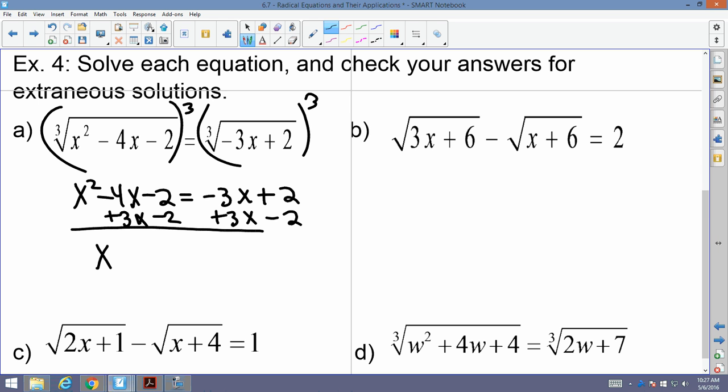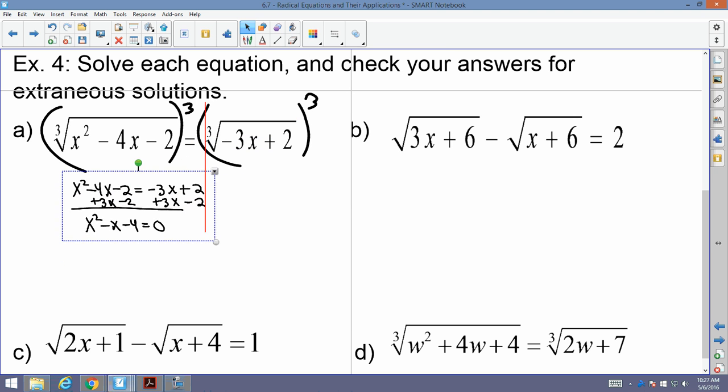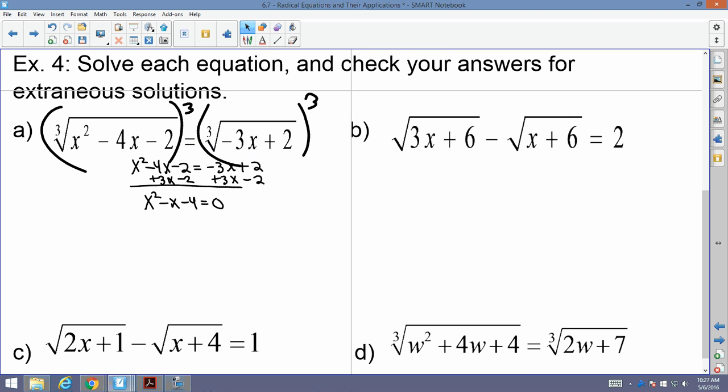And I have now x squared minus x minus 4 equals 0. Now, here comes the fun part. You cannot factor that. So I'm going to have to use the quadratic formula. Please be careful and please always remember to label things. My A equals 1 here.